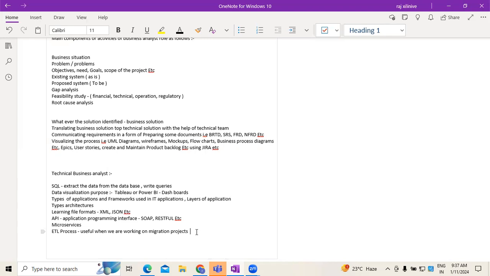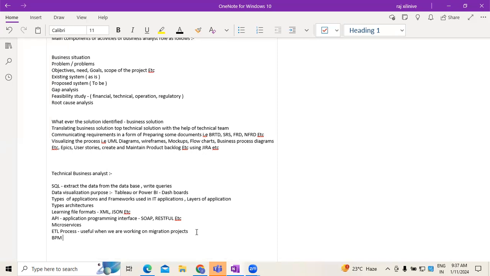Now we also have domain business analysts, like healthcare, investment banking, payments, and e-commerce, but there are still profiles like technical business analyst and business systems analyst. So this sort of understanding is required.